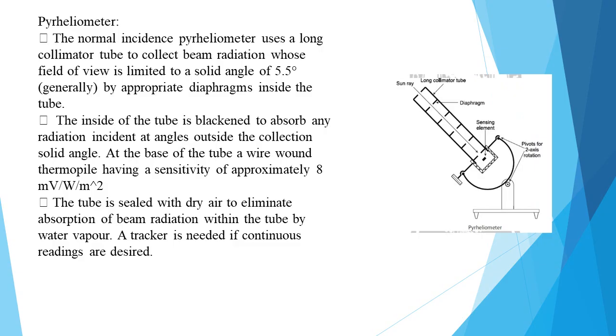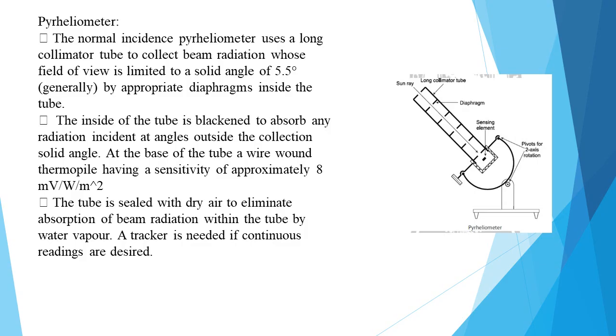Pyrheliometer. The normal incidence pyrheliometer uses a long collimator tube to collect beam radiation whose field of view is limited to a solid angle of 5.5 degree by appropriate diaphragms inside the tube. The inside of the tube is blackened to absorb any radiation incident at angles outside the collection solid angle.